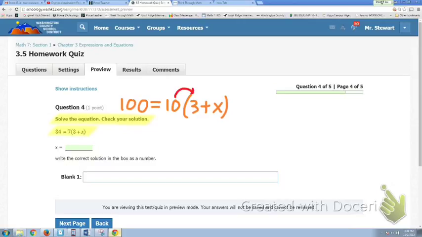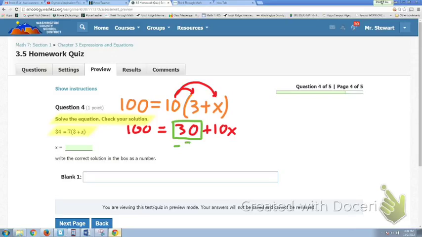So I'm going to distribute the 10 into the 3, which becomes 30. And I can distribute the 10 into the x, which becomes 10x, and that is still equal to 100. Now I'm going to work on inverse operations, and I'm going to start with additive inverse stuff first.